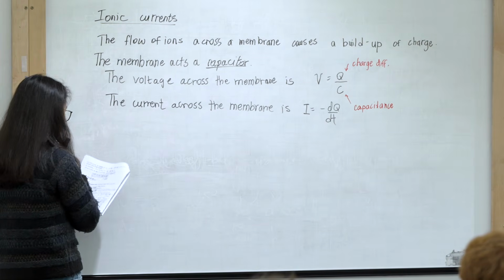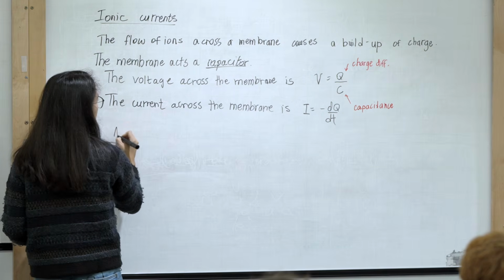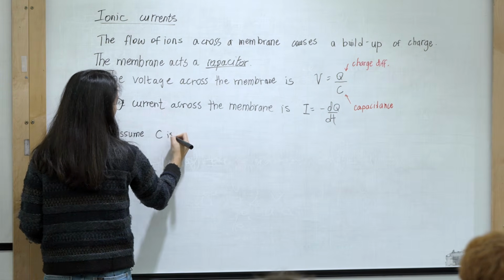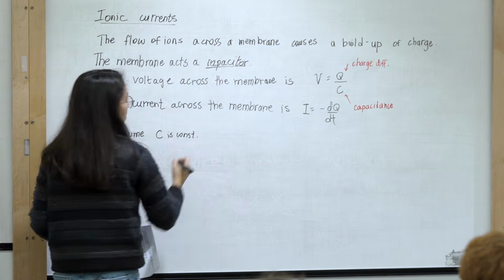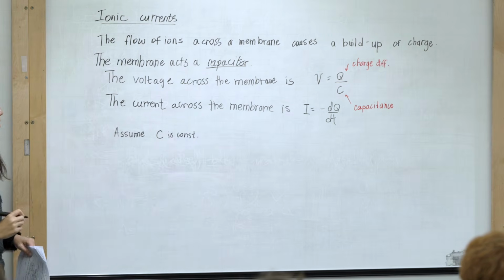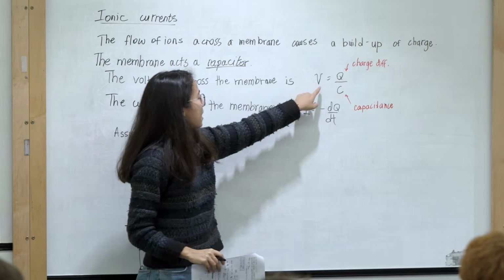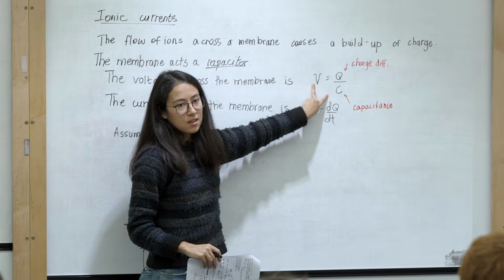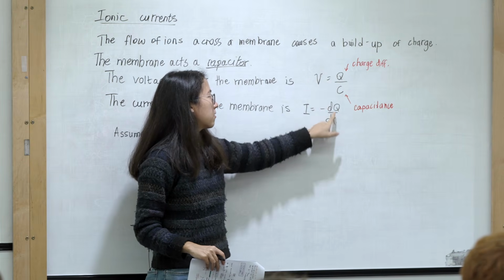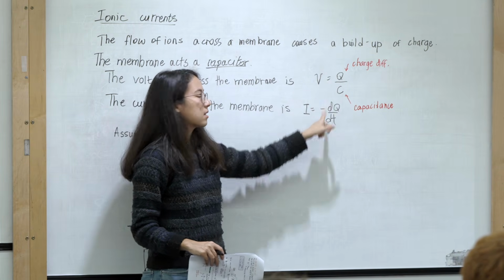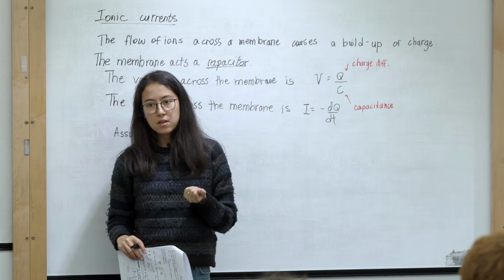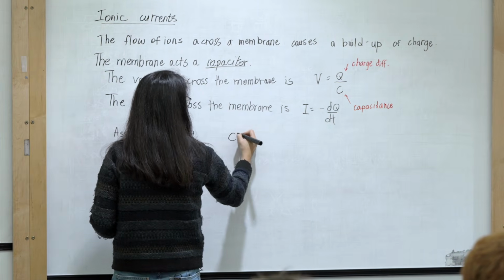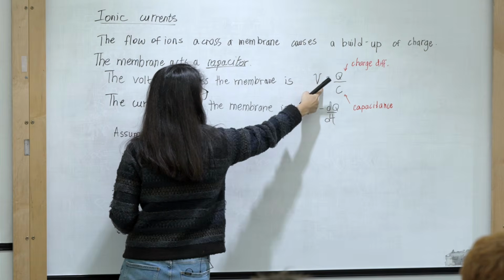OK, so now I will assume the capacitance is constant. OK, and then I'm going to basically say Q, the charge difference, is Vc, right? And then I'm going to take the derivative of that to get an equation that combines these two equations together. So we're going to have Cv is equal to Q from the voltage equation.